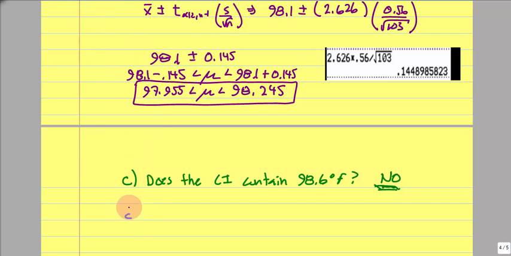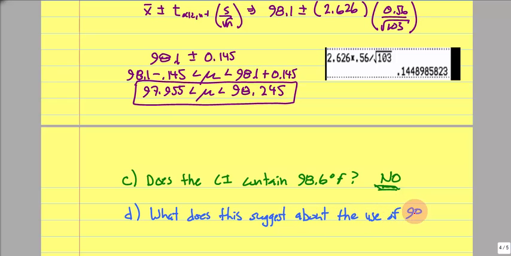So let's go ahead and look at part D. For part D, what does this suggest about the use of 98.6 degrees as the mean body temperature? It's just one of those numbers that everybody seems to know, 98.6 degrees Fahrenheit.